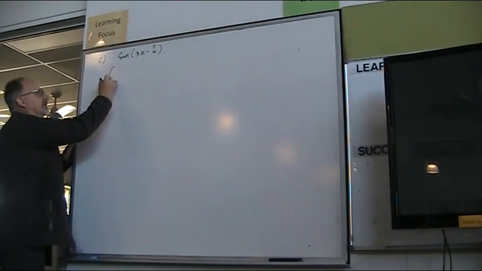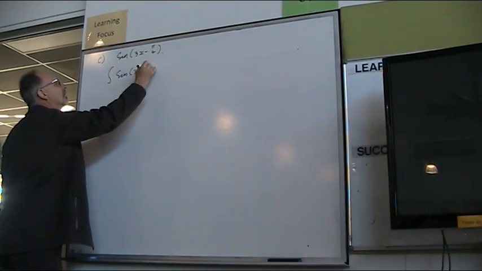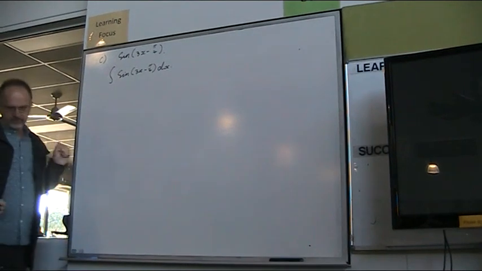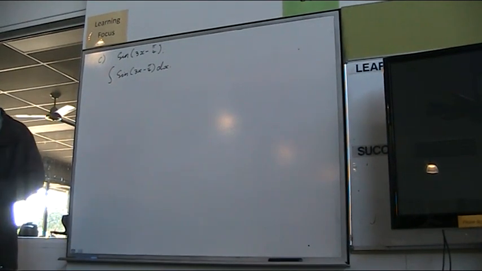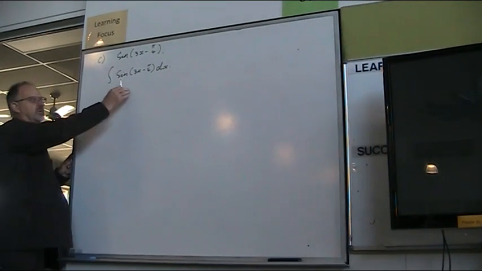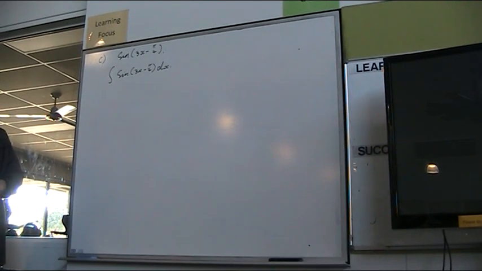So we're after the integral of sine of 3x minus pi on 4 dx. We can use a similar technique to the previous one, because we've got more than just sine kx, we've got this minus pi on 4 bit.